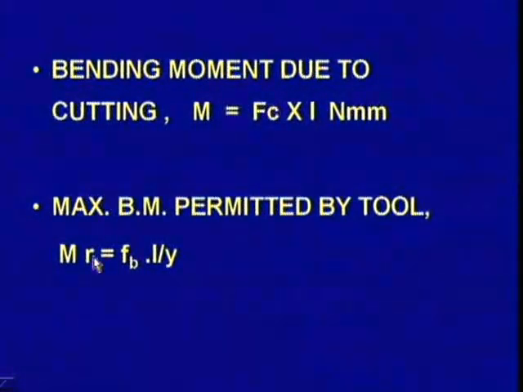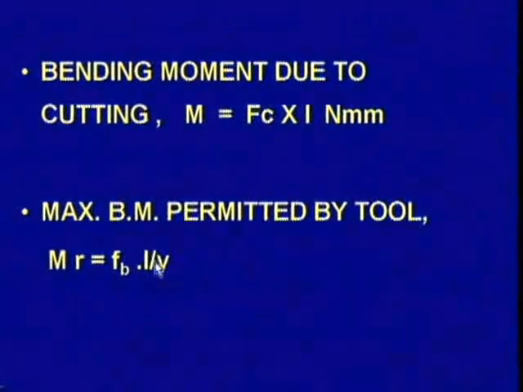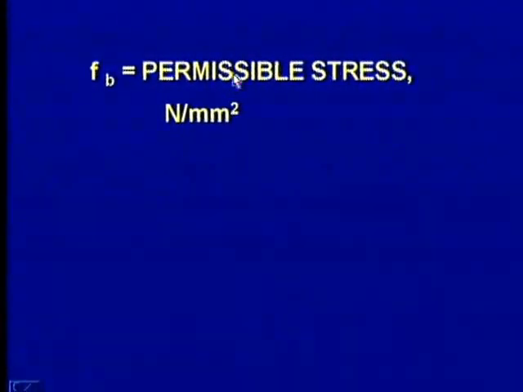So you can call it the resisting bending moment, and this will be given by the equation Fb into I by Y. Here Fb is the maximum permissible bending stress of the cutting tool material.